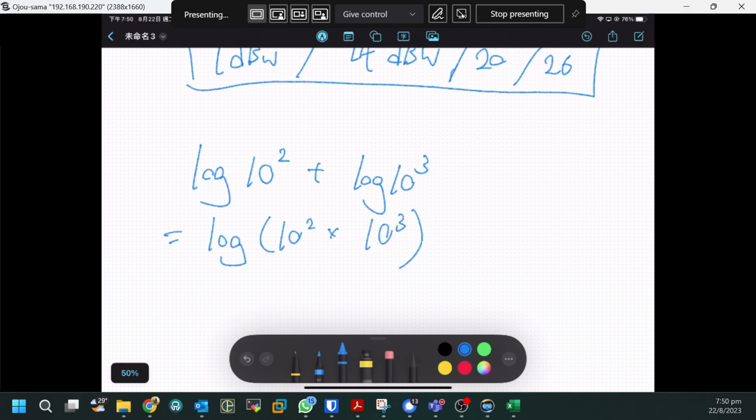This is why you go from multiplication to addition. This is the conversion in math.